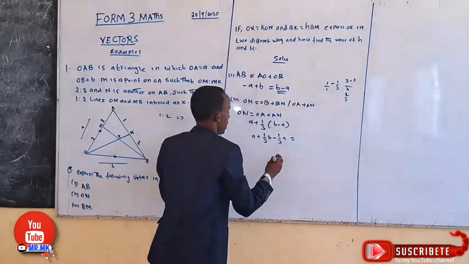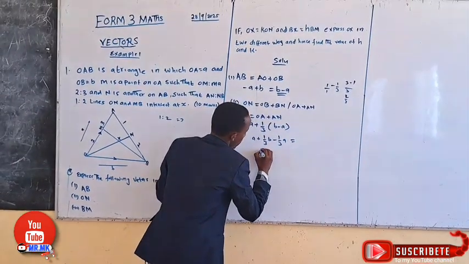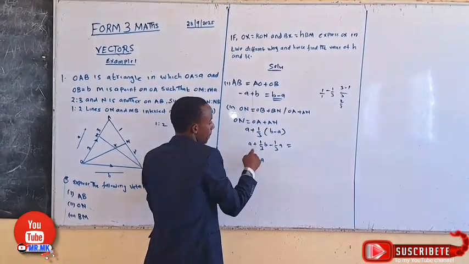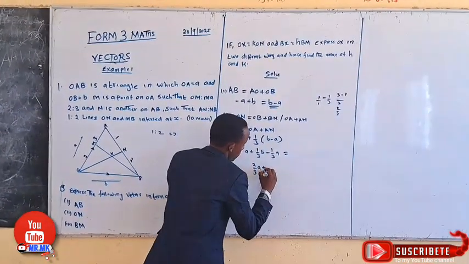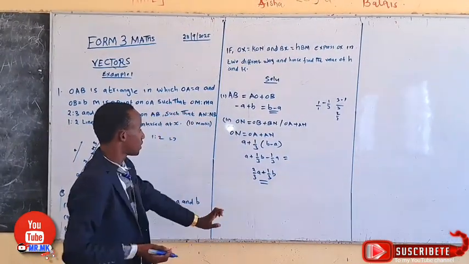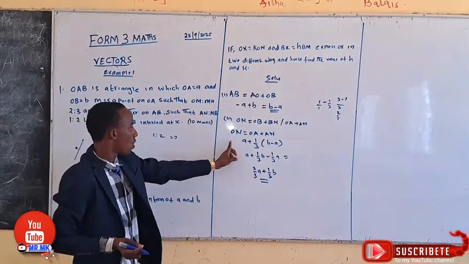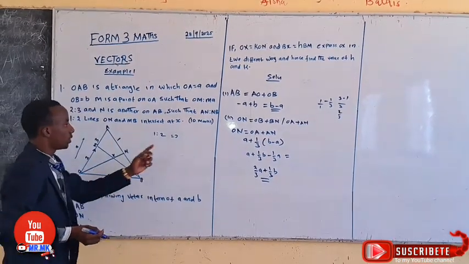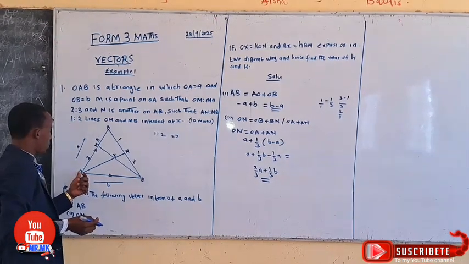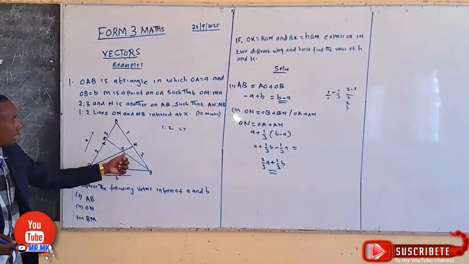Now we have 2 over 3 A plus 1 over 3 B. I think for that case we are together. For ON, you either use OB to BN or OA to AN.